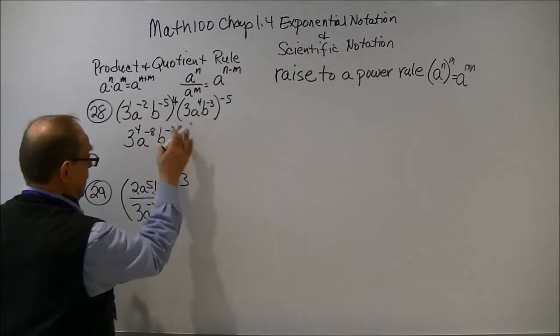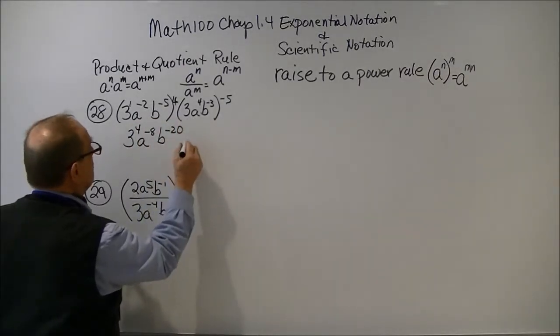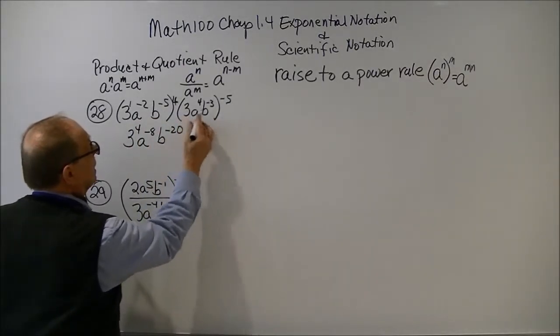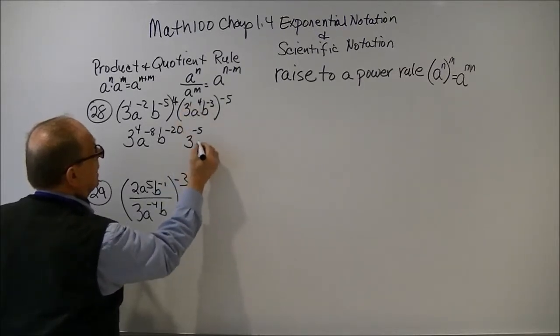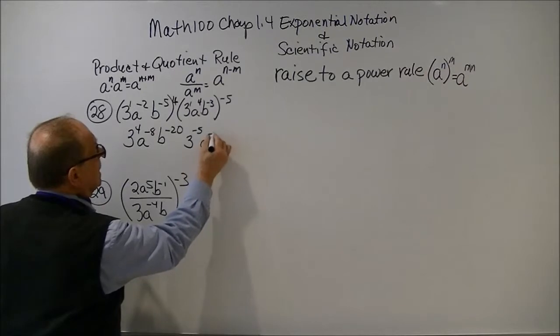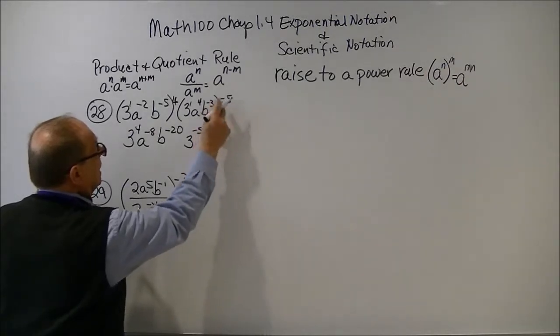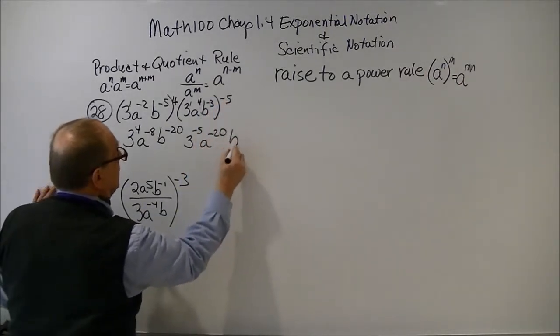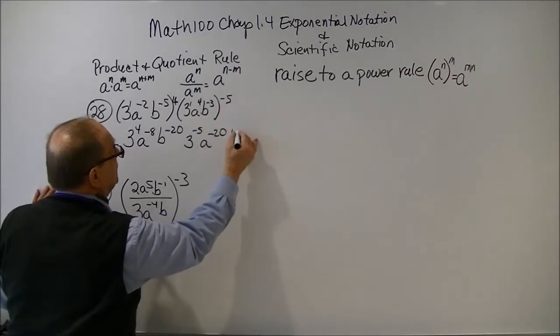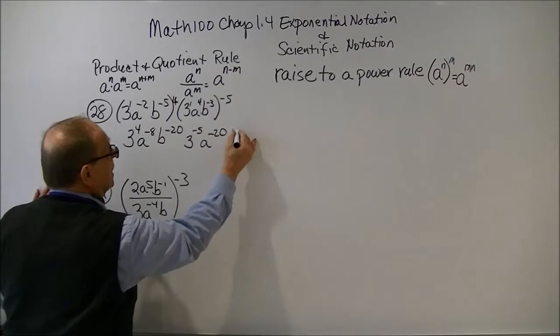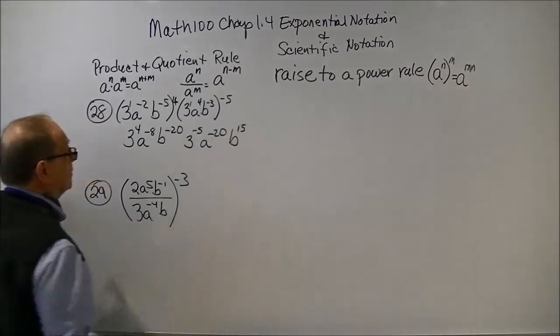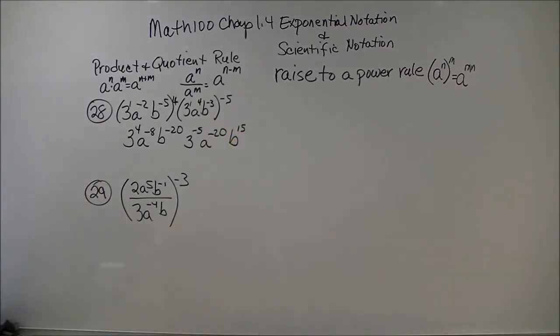And this is multiplication, so this is going to be 3 to the -5. Remember there's a 1 there. This becomes A to the -20. And this becomes B to the 15th, positive 15. -3 times -5, 15. So right now it looks a lot easier.